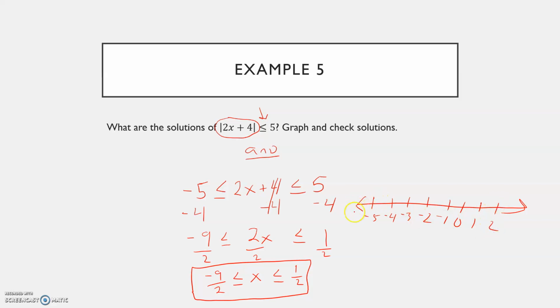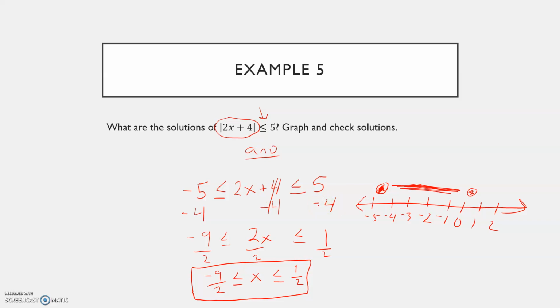Our two solutions: negative 9/2 is about right here, halfway between negative 4 and negative 5. We fill it in because it's equal to. 1/2 is between 0 and 1. Fill it in because it's equal to. And then x is in between those two. An "and" inequality falls in between, so we shade everything between the two values. And there's our graph for this inequality.